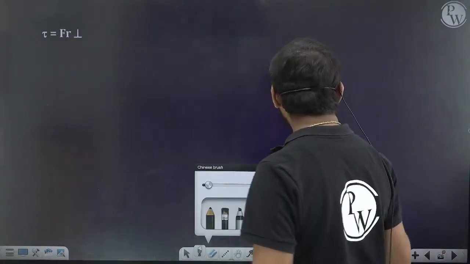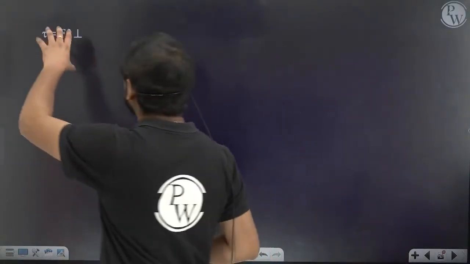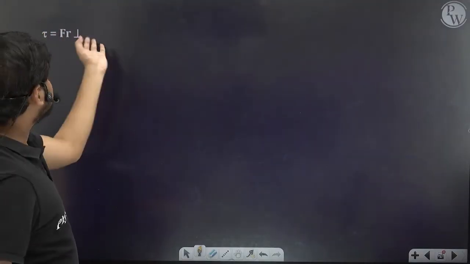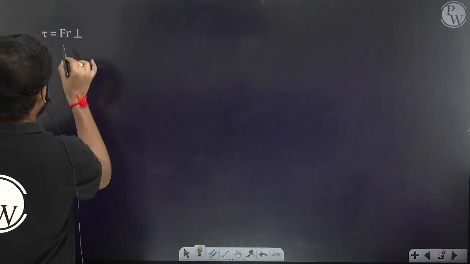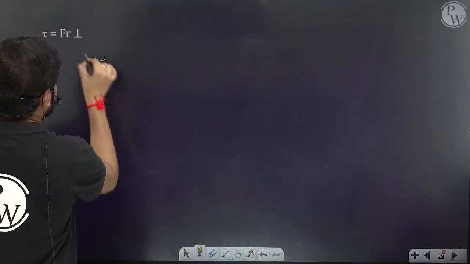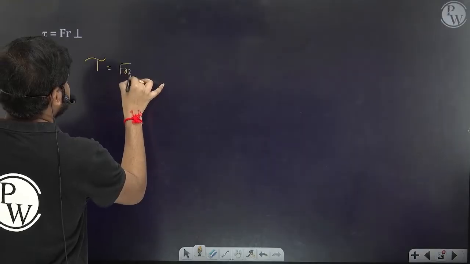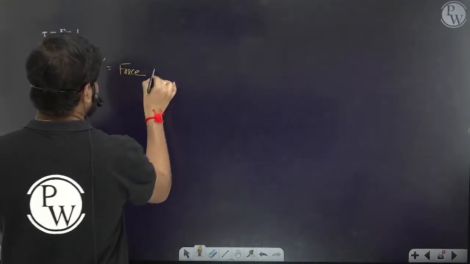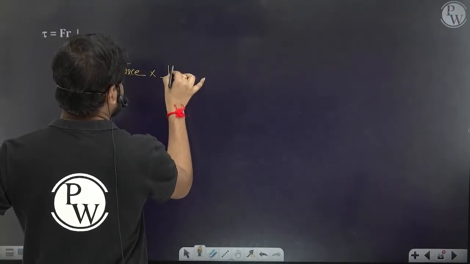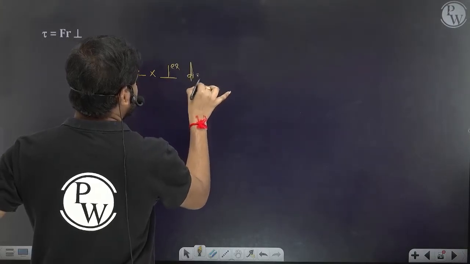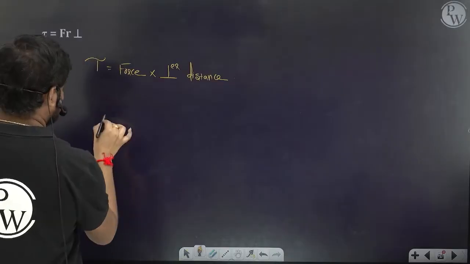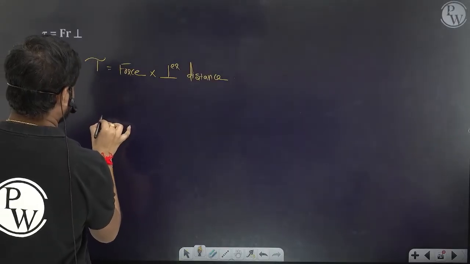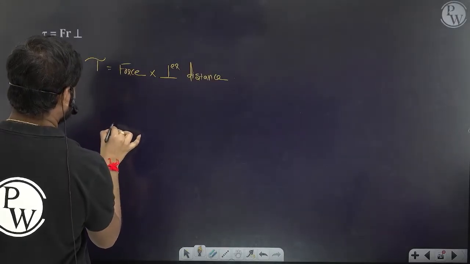The torque formula is either force into the perpendicular distance, or the perpendicular force into the distance. Let me explain this concept. The torque is equal to force into the perpendicular distance. Let me give you an example. Suppose this is a nut.